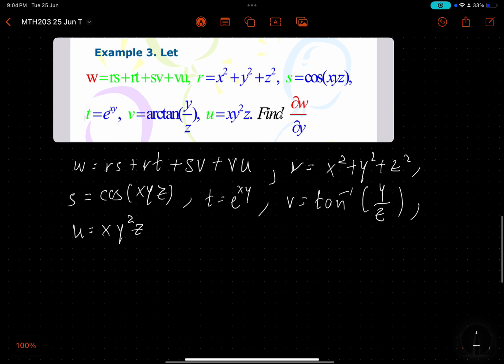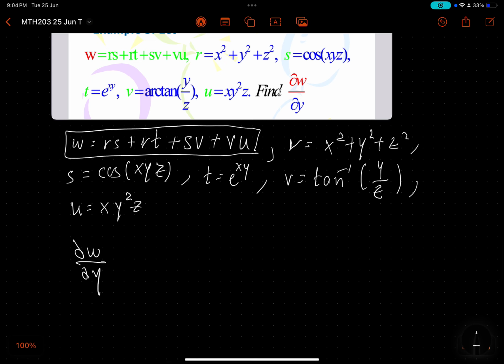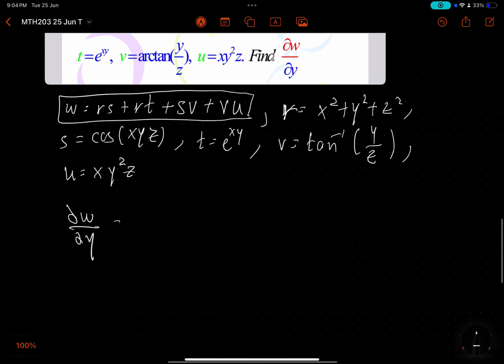This is a bunch of variables. So we want the partial derivative of w with respect to y, and we don't have y in w. As you can see, it's all r, s, t, v, u. We don't have y, but we have y's in r, we have y's in s, we have y's in t, v, u. So we're gonna use chain rule.